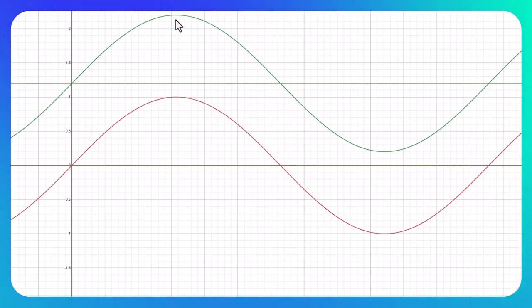So the things that get changed when everything gets shifted up, or could be shifted down, is that the max, the min, and the average, or the D, they all get changed. But the period and the amplitude remain the same.